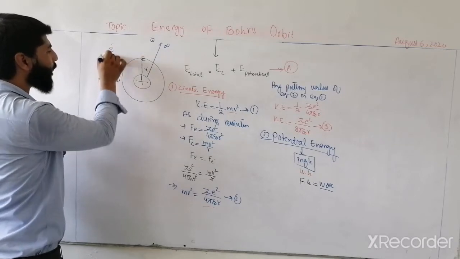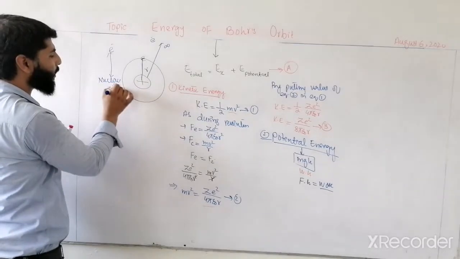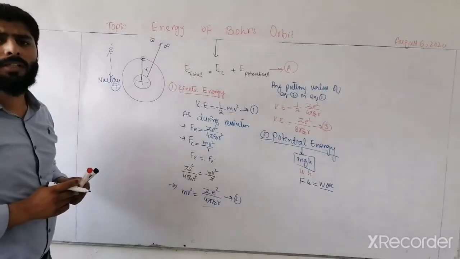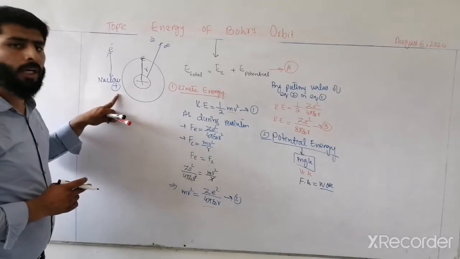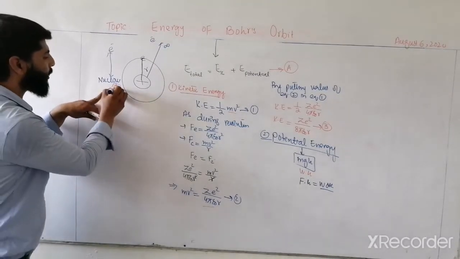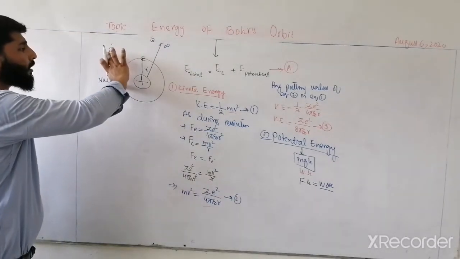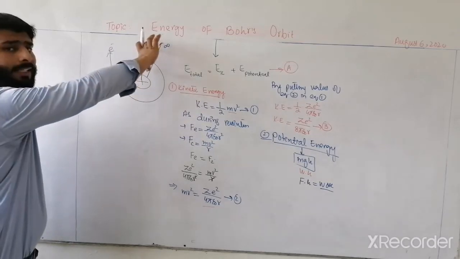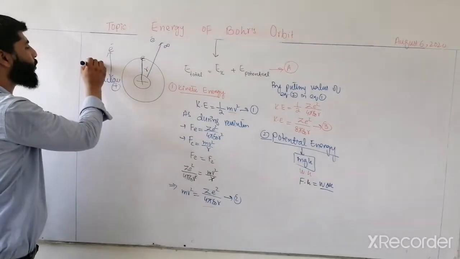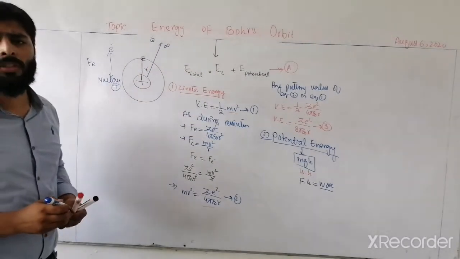When there are two charges, nucleus means protons, the charge of proton and charge of electron, the force between nucleus and this electron will be electrostatic force, Coulomb's electrostatic force.